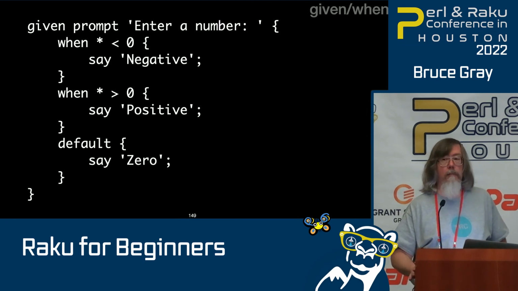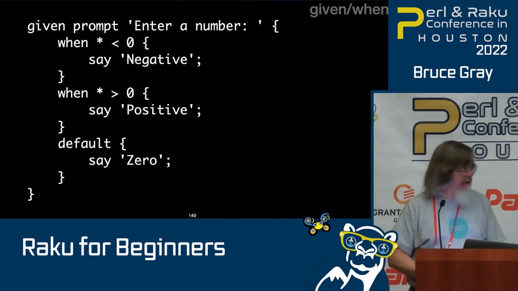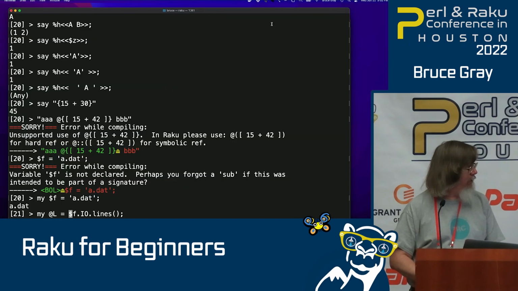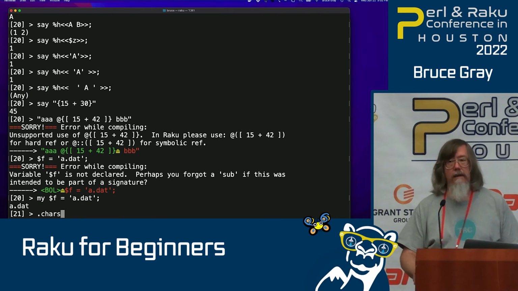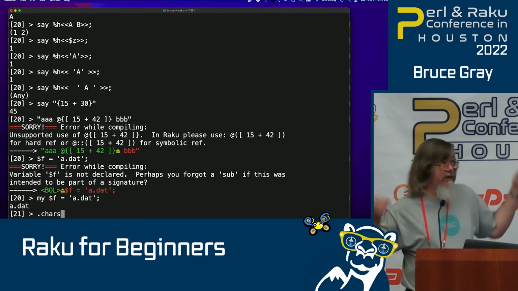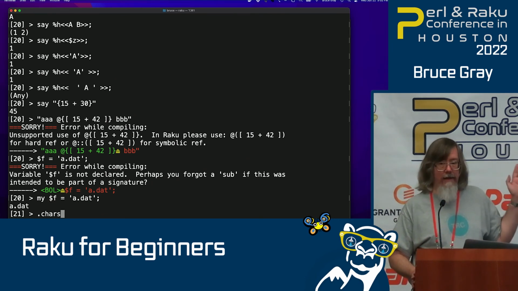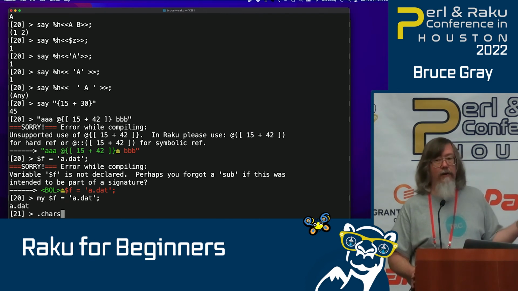The reason it's so much more magical and ubiquitous in Raku is if you just say that dot cars, not $f.cars, but just dot cars. Dot by itself is a method call on $_.